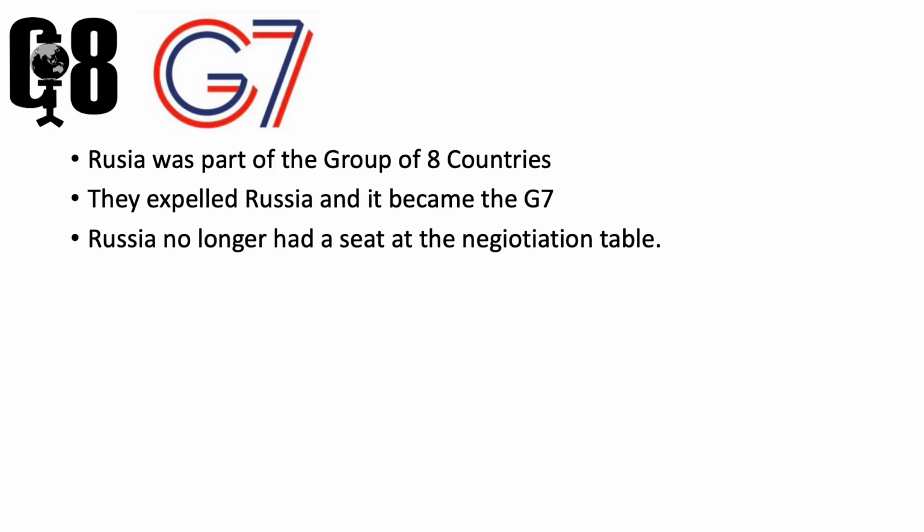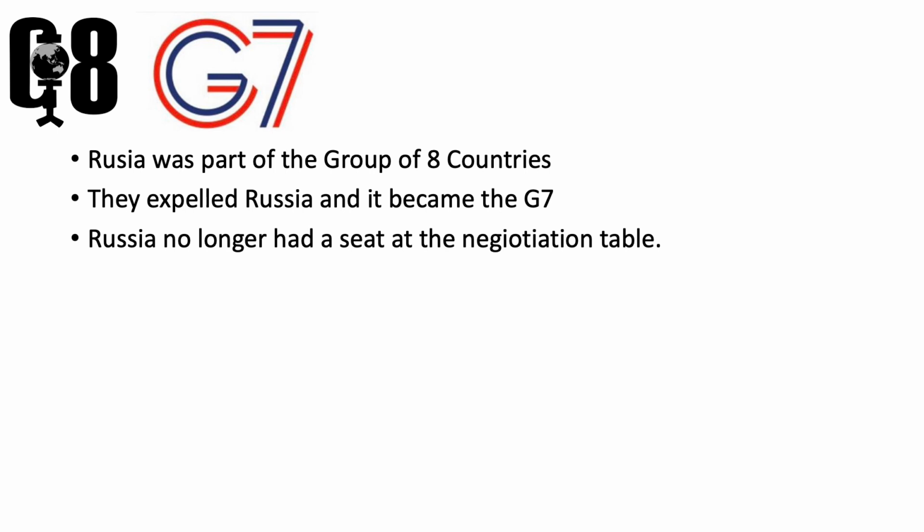So the UK is also a member of the G7, or what was the G8. The G7, the group of seven, is a group of countries that work together to discuss politics, economics. It's made up of ACs, advanced countries. The members are Canada, France, Germany, Italy, Japan, the United Kingdom and the United States.